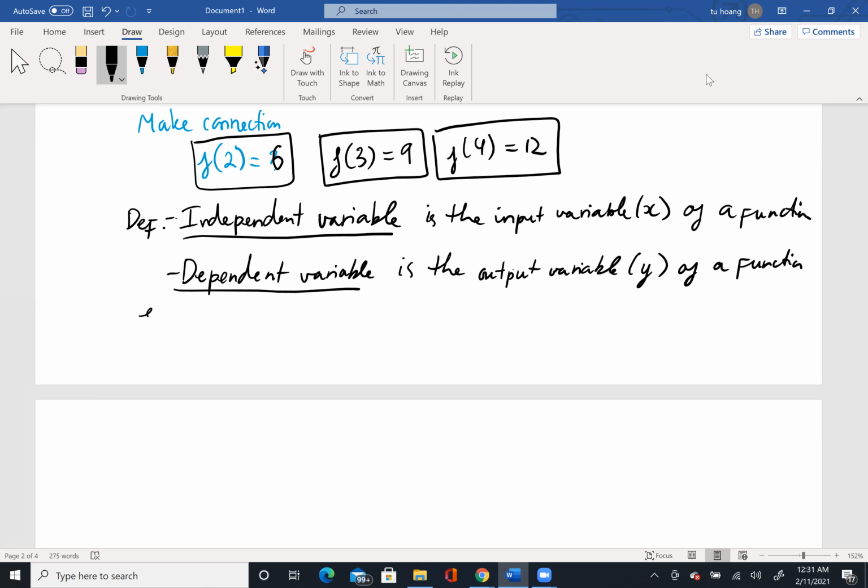For example, say you have f of x equal to 2x, something like that. Then x is the independent variable.